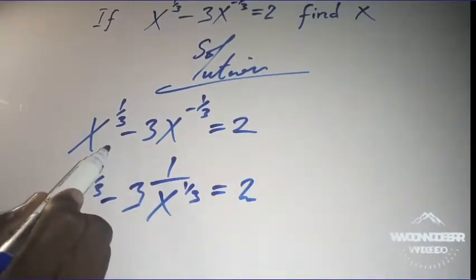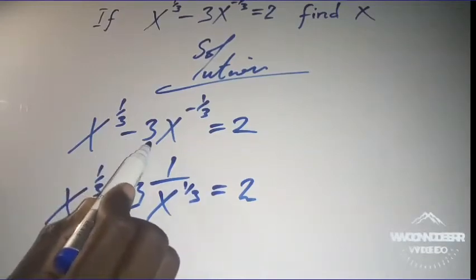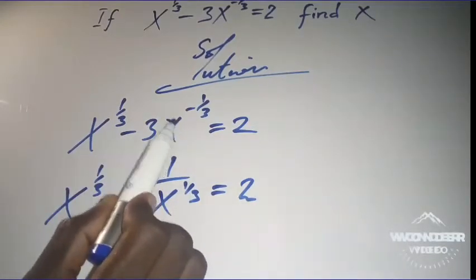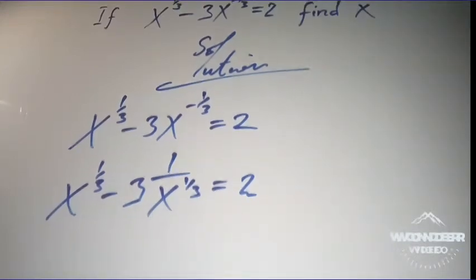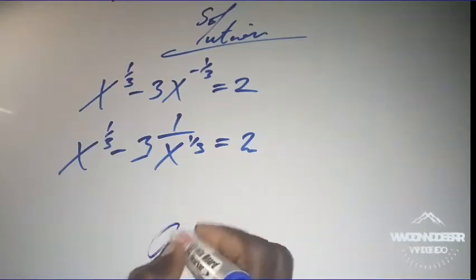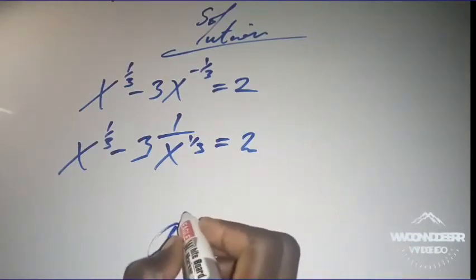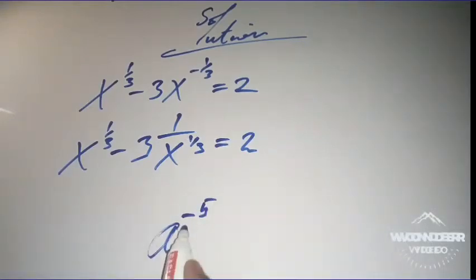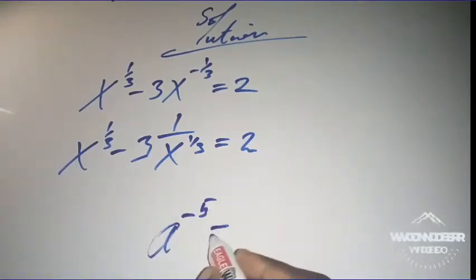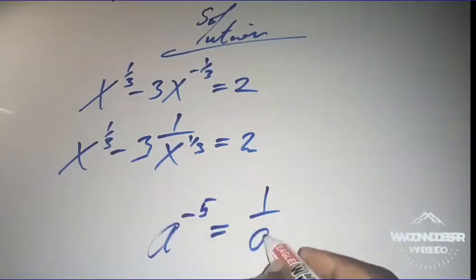Here I have negative 3 times x to the power of negative 1 over 3. You can remember one of the laws of indices, that is the negative power law, that says when you have a variable, any number you raise to a negative power, let's say a to the power of negative 5, then the result is the reciprocal of a to the power of positive 5.